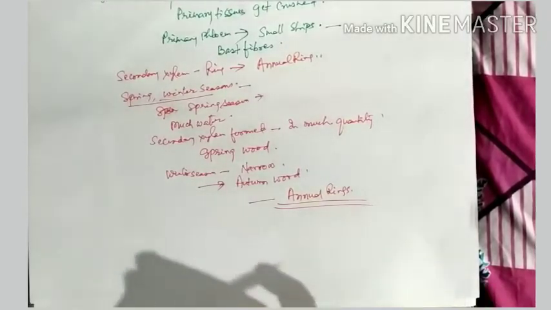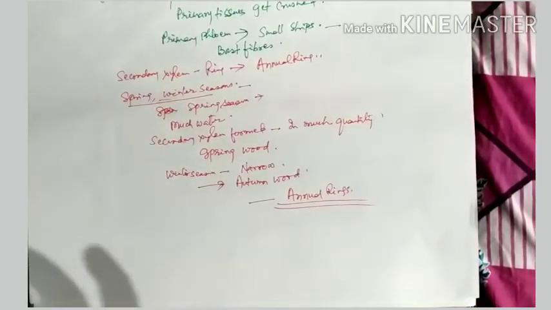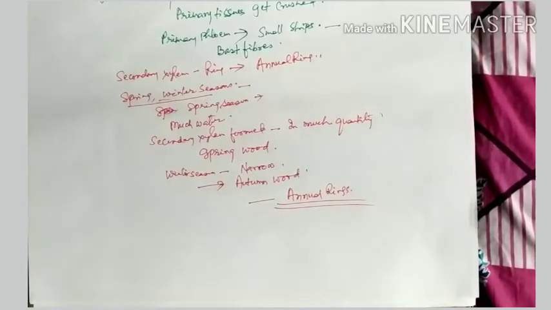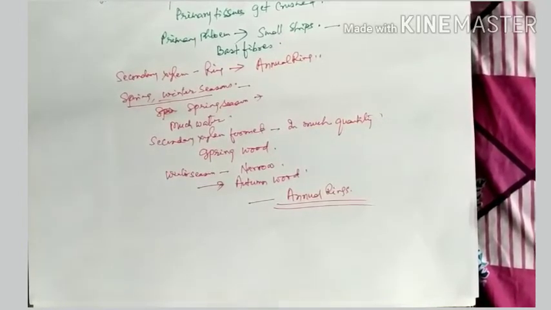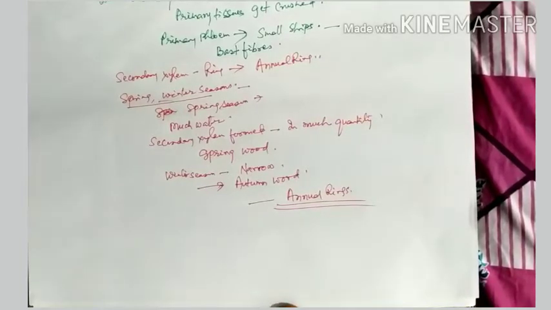For example, if a plant has 3 annual rings, we can presume that the age of the plant is 3 years.